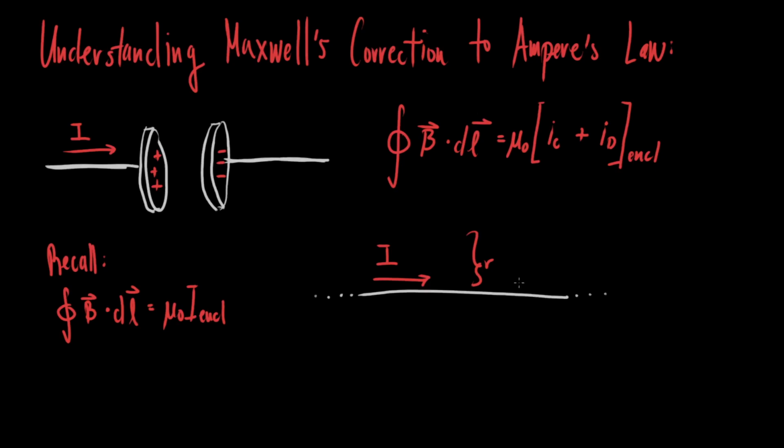We have these observations from scientists in the past who discovered that current running this way, and using the right hand rule, we will see that the magnetic field generated is as such, where dots mean that the magnetic field is pointing out of the page, and X's mean it's going into the page.